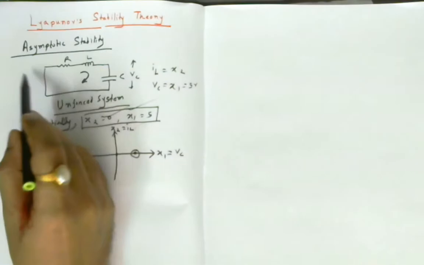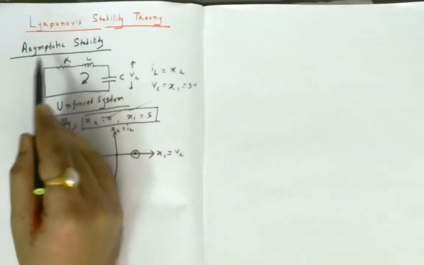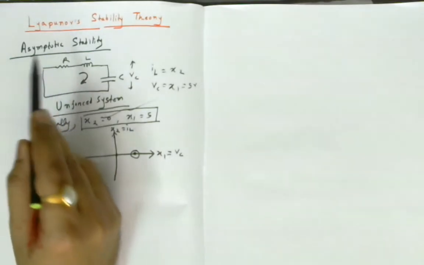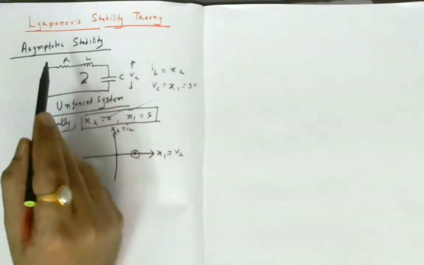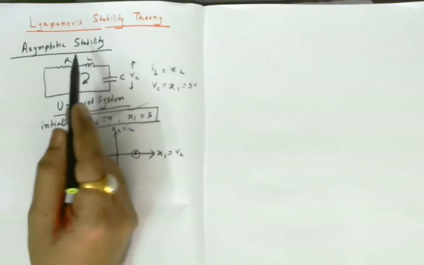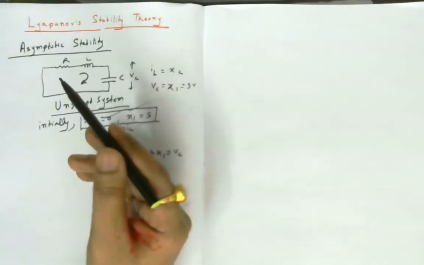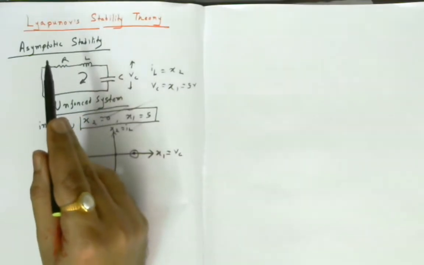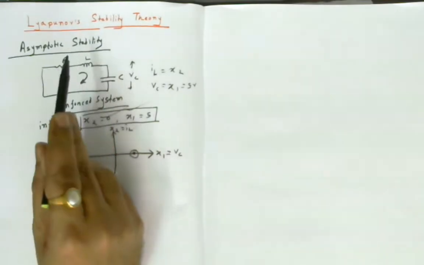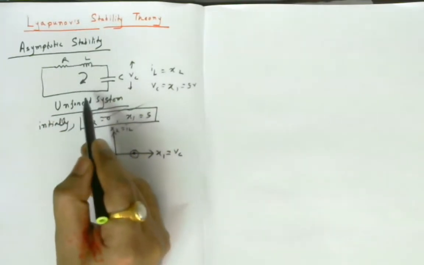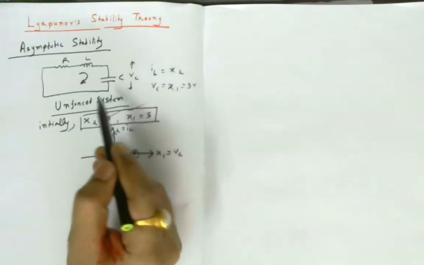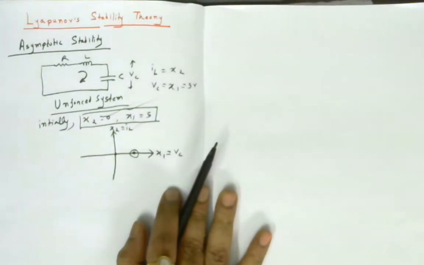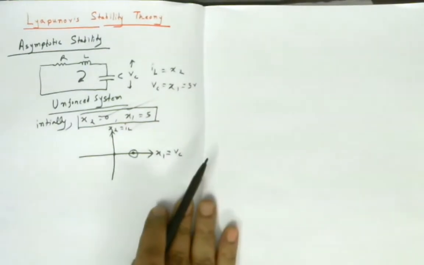So, I'm repeating my point again and again: what is the case? Asymptotic stability is applicable for which cases? My answer is that asymptotic stability is the case of determining the stability for the unforced system where the system is driven by the initial condition. That's it.